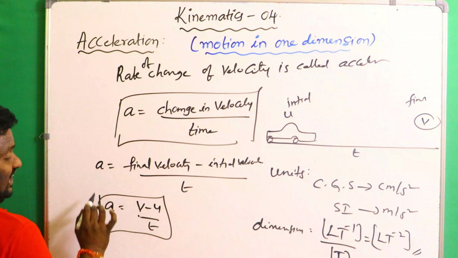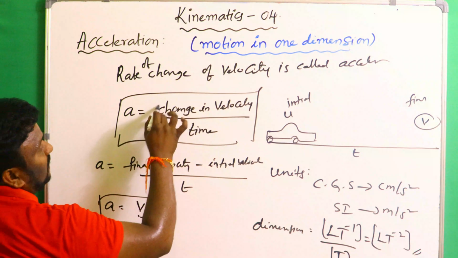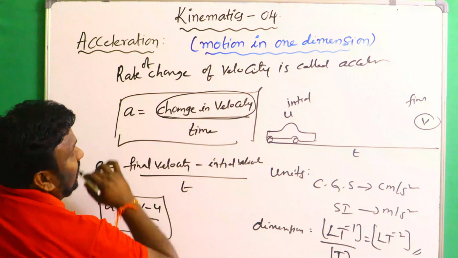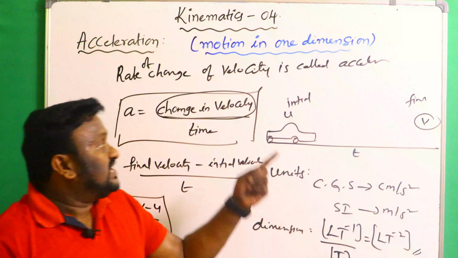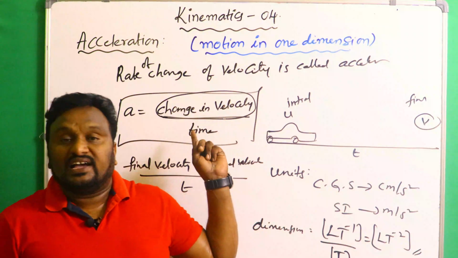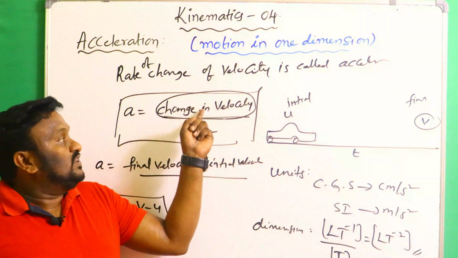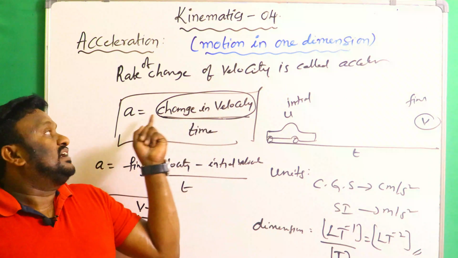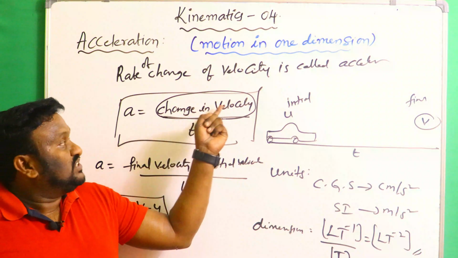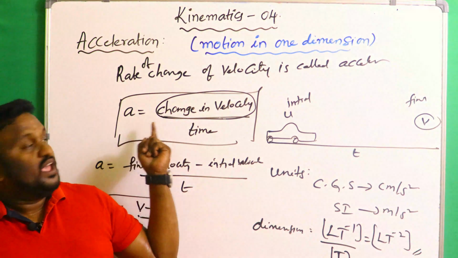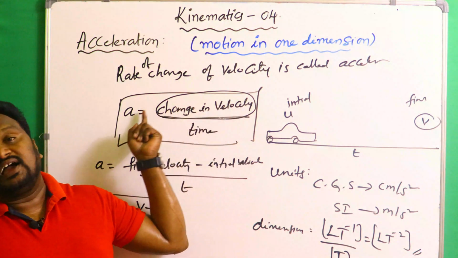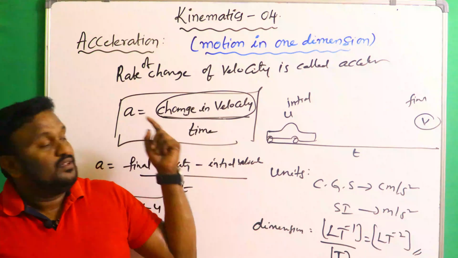So we can explain the acceleration of the body only on the basis of change in velocity. Clear? If the change in velocity is positive, acceleration is positive. If change in velocity is negative, acceleration is also negative. If change in velocity is 0, then acceleration is also 0. Got it?